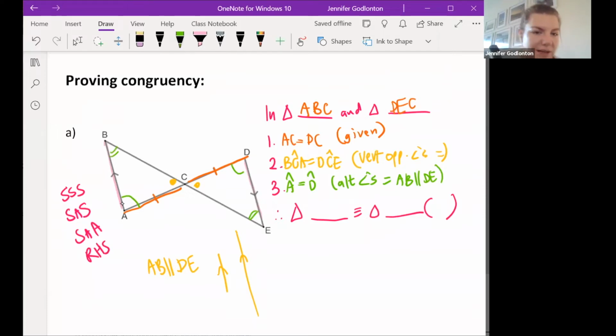It just depended on which one you wanted to use. Okay, so now let's have a look at what we've done. We've got a side over here, then we've got an angle, and then we've got another angle. And so we can say that triangle ABC is congruent to triangle DEC because of side, angle, angle. 5 marks.